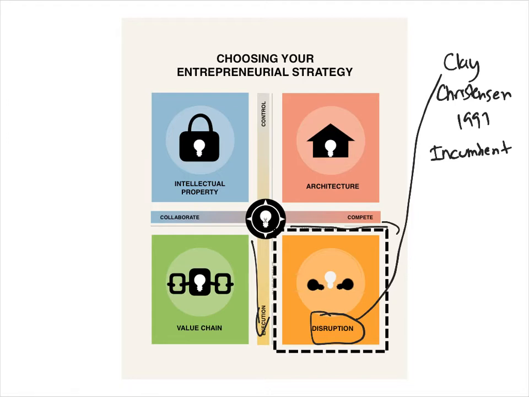But of course, there are other reasons why incumbent firms can fail, and they are in fact related to the architectural strategy that we've already talked about, which involves doing something completely different in terms of how you architect a value chain itself.